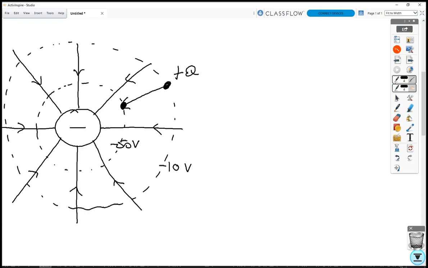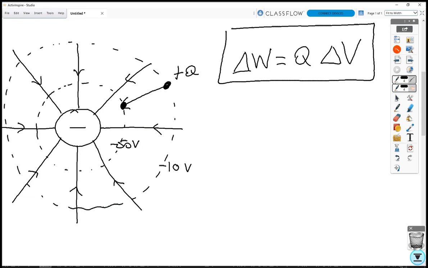So just like before, the work done is equal to the charge multiplied by the potential difference. And similarly to before, the potential at a point is given by Q over 4 pi epsilon naught r.